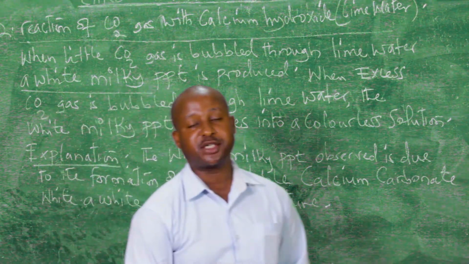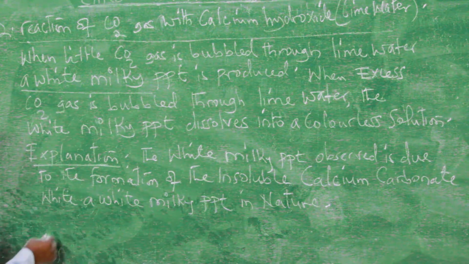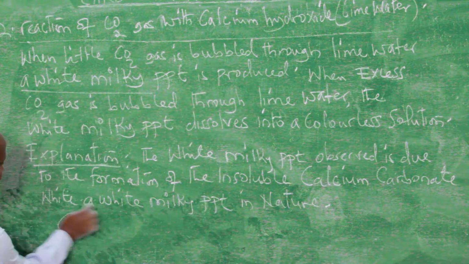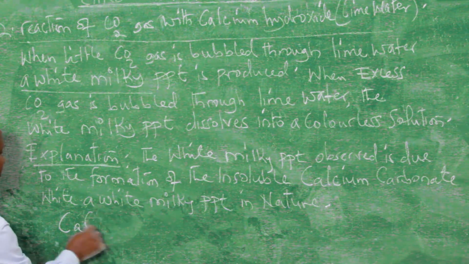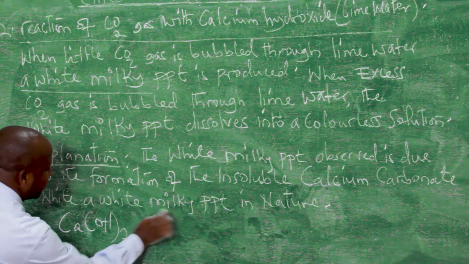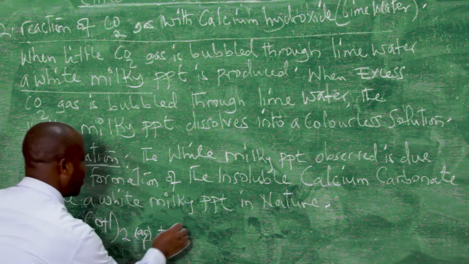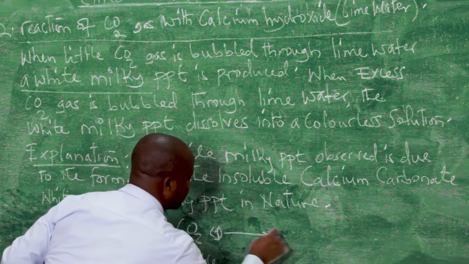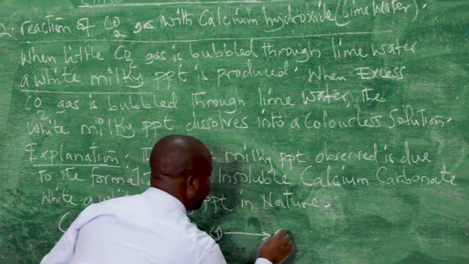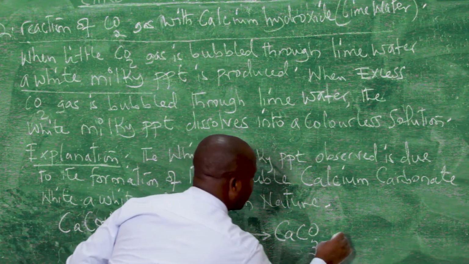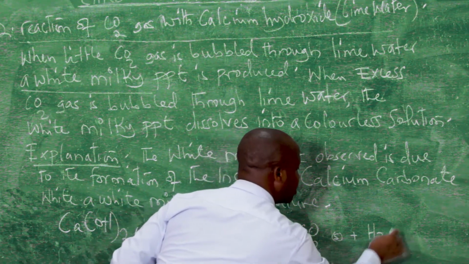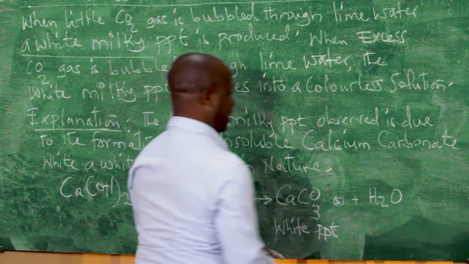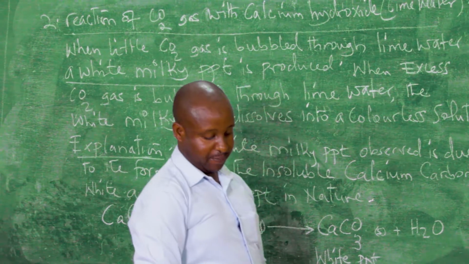Let's have a look at the equation for this reaction. 1 mole of calcium hydroxide in aqueous state, when reacted with little carbon dioxide gas, gives calcium carbonate, which is a white milky precipitate, and in addition, water is also produced.